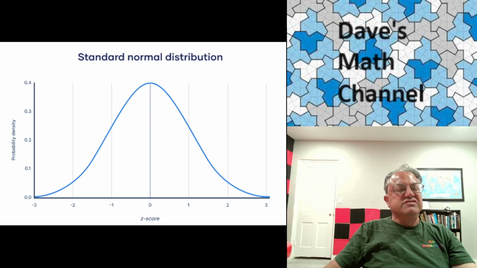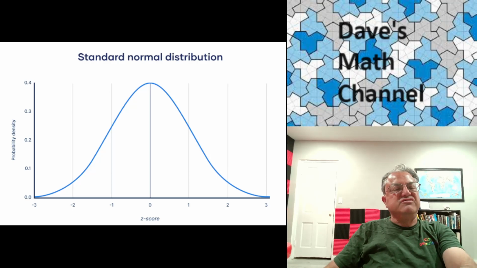So you know that 68% of your data lies between z equals -1 and z equals +1. About 95% of your data lies between z equals -2 and z equals +2. About 99.7% between z equals -3 and z equals +3. And this is kind of a hard thing to work with.